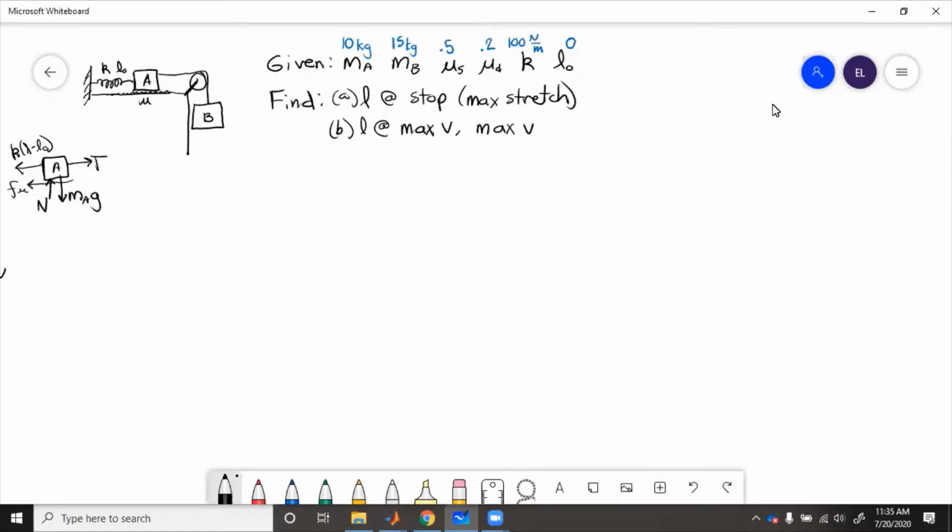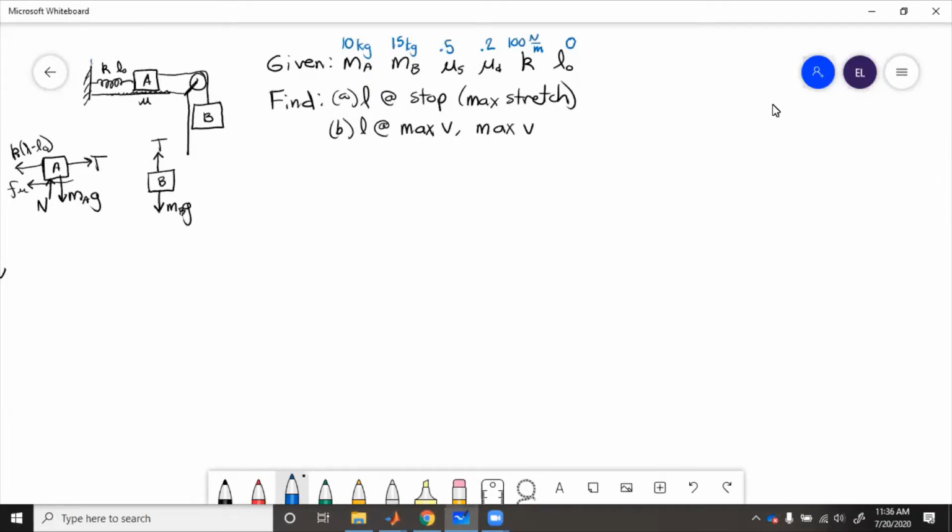Now for B, we just have the weight going down and tension going up. We need to put some states in here. So let's say, okay, coordinate frame. Well, since unstretched length of the spring is 0, then we will just start that coordinate frame here.